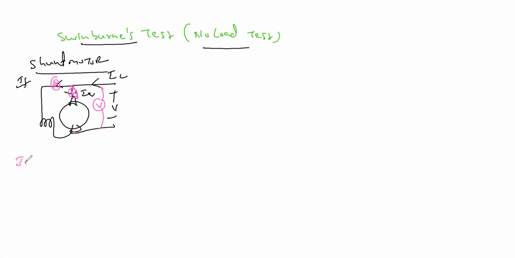So input to armature, which is V into IA0. ये वाला current है ना, IA0 पता है हमको. We know this current, which is IA0, and armature को input दिया. So what is it doing here now?